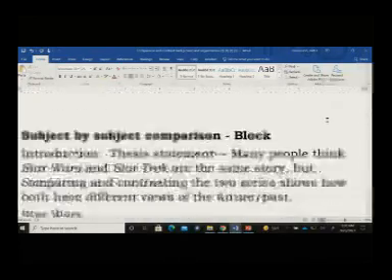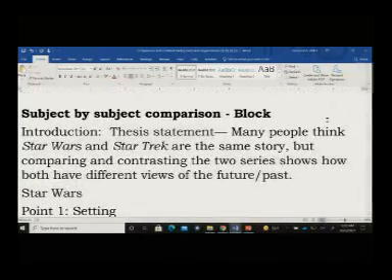All right, so here's a block comparison using Star Wars and Star Trek. This is my part of this, okay? So your introduction, this is how I would do a block on Star Wars and Star Trek. Many people think Star Wars and Star Trek are the same story because they take place in outer space, right? But comparing and contrasting the two series shows how both have different views of the future past.